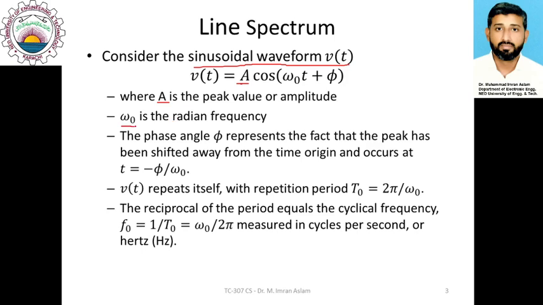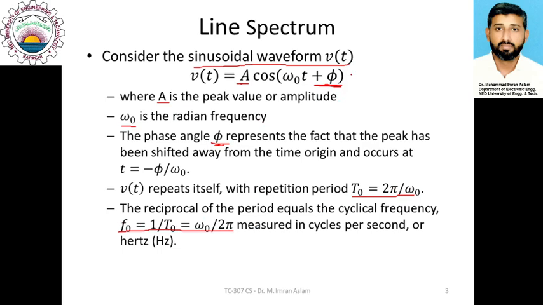Omega naught is the radian frequency, which relates to the cyclic frequency by f naught equals omega naught upon 2 pi. Phi is the phase angle of the signal, and T naught is the repetition period of this waveform, which is represented as 2 pi upon omega naught, or T naught equals 1 over f naught.